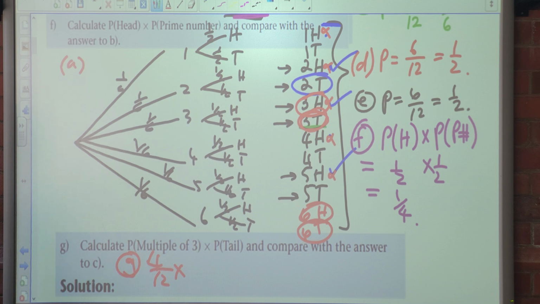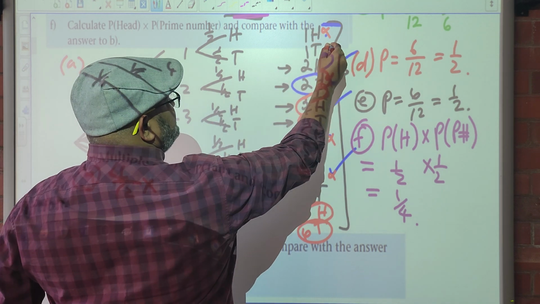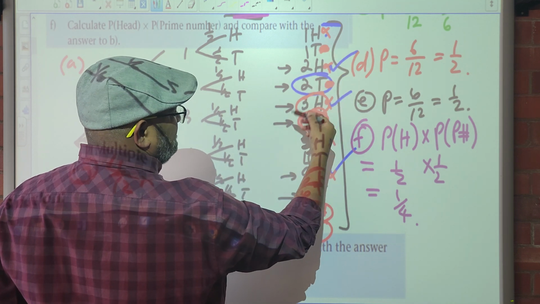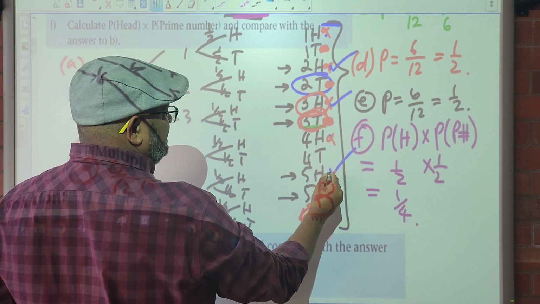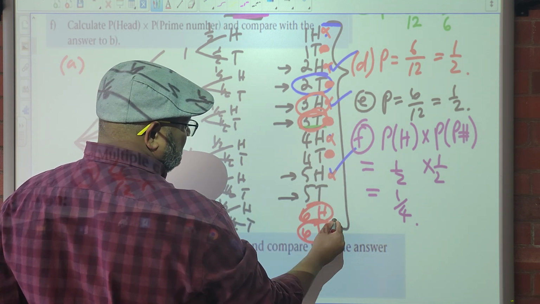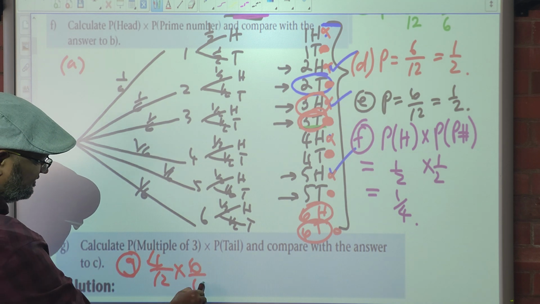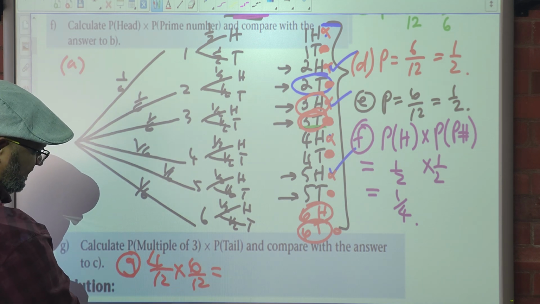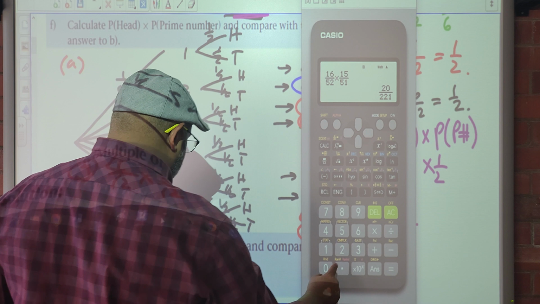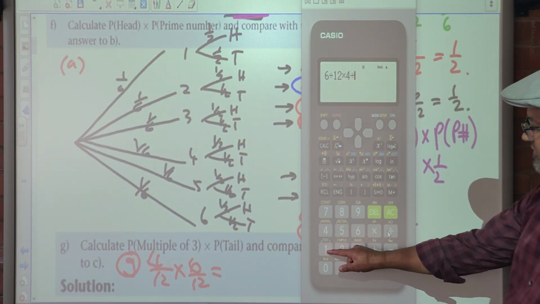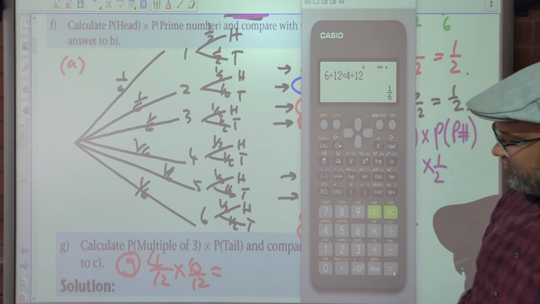How many tails are there? 6 out of 12, because it's 1, 2, 3, 4, 5, 6. There are 6 tails. So 6 out of 12 times 4 out of 12 gives us 1 out of 6.